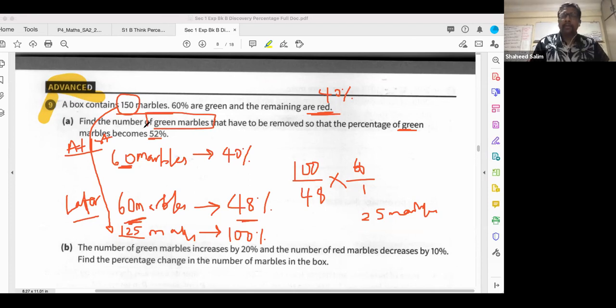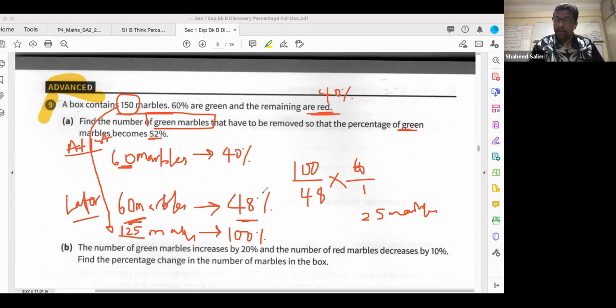You have to understand that 100% can change depending on the situation. At first, 100% means total. 100% is 150 marbles. Once you take out the marbles, 100% or total is different, is lesser. So at first, the red marbles is 40%. Later become 48%, but red marbles didn't change.